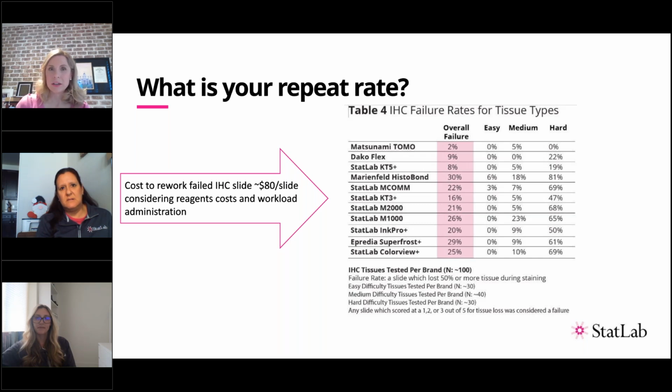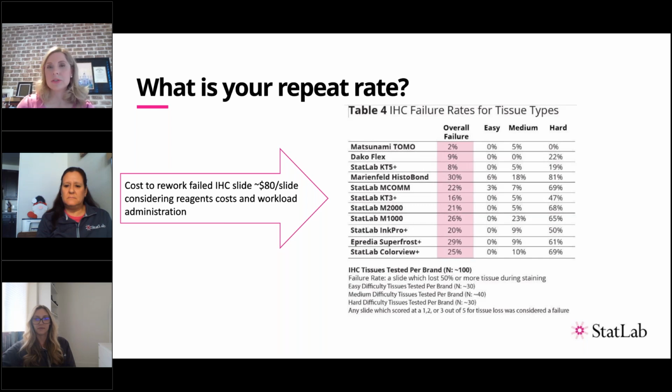So when you factor in the cost of labor and time and the expensive antibodies and stains, that 20-cent slide, if that tissue is washed off of it, it costs almost $80 in rework. So I think that's something to think through: what if I chose a better slide or a different slide to meet my needs so that I don't have to repeat anything there.